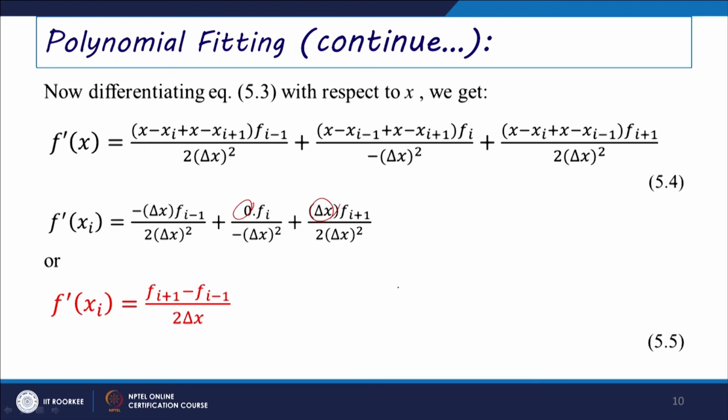Finally, we get f dash of xi equals fi plus 1 minus fi minus 1 divided by 2 delta x.